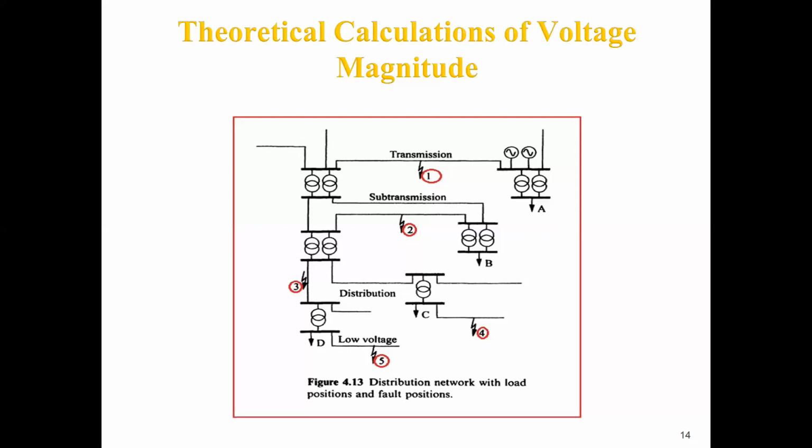The fault at position 2 will, however, cause a deep sag at both the substations and also all the customers fed from here. That means for B, C, and D. Okay, it is clear.